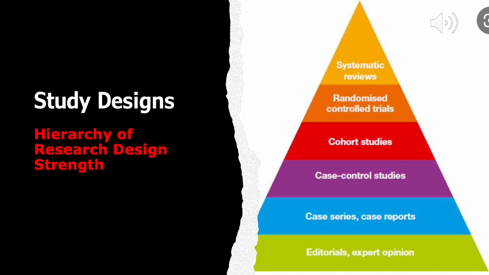They give us the strongest data, the most likely to be accurate and valid and reliable. Randomized control trials come second. So it's very important that you know the two top study designs. Systematic reviews is number one in terms of design strength, and randomized control trials, or RCTs, are number two for design strength.